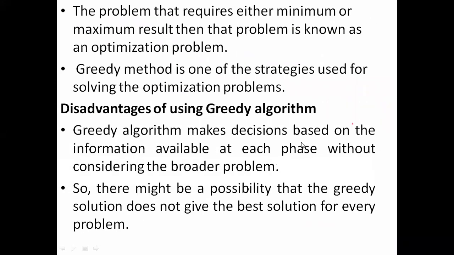Generally, problems requiring minimum or maximum results are called optimization problems. Greedy method is one of the strategies used for solving optimization problems. Here, what is the drawback? In the greedy method, it takes the decision based on the information available at each phase.